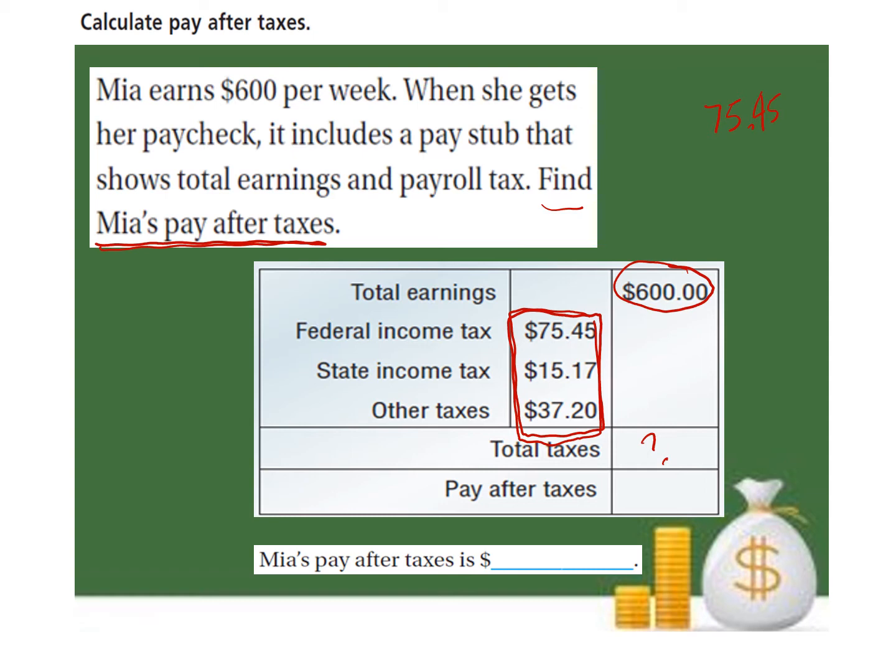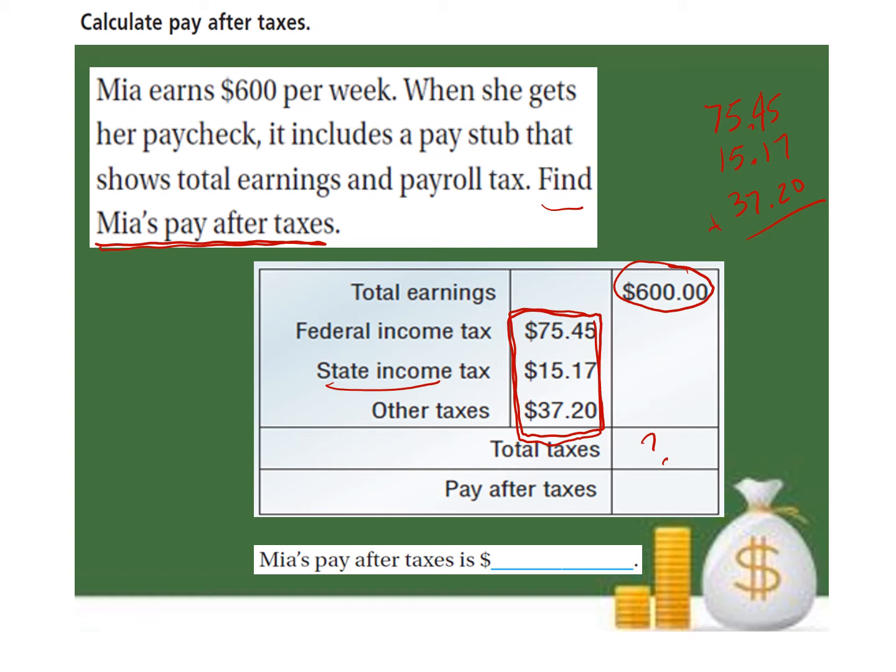$75.45 for federal income tax, that's to the government. $15.17, that's to her state, the state income tax. And then she has some other taxes, which is $37.20. And those other taxes are other payroll taxes.